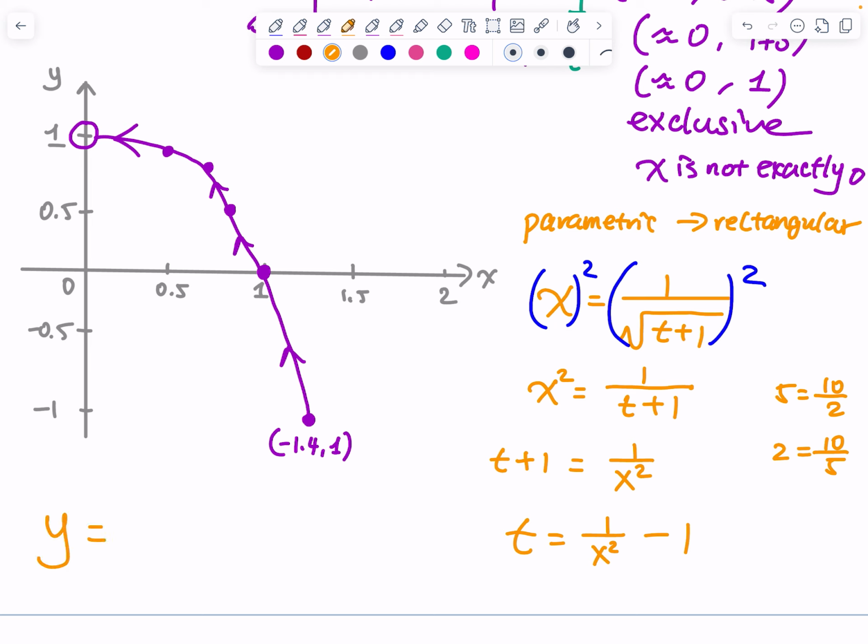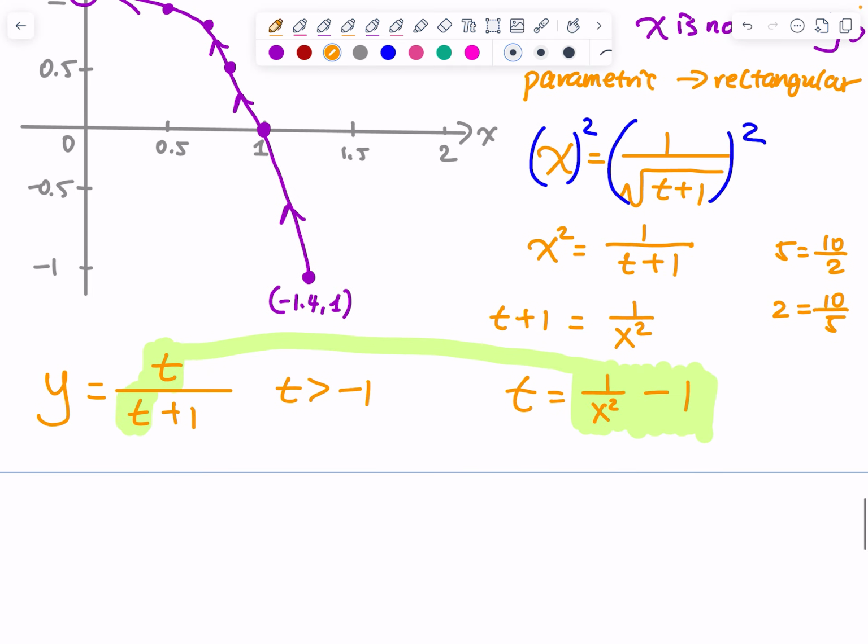The other equation is y equals t over t plus 1, and t must be greater than negative 1. All right, I will just plug in t. The t and t, don't cancel them at this time. And then I have y equals the top 1 over x squared minus 1, the bottom 1 over x squared minus 1, and then you have a plus 1.